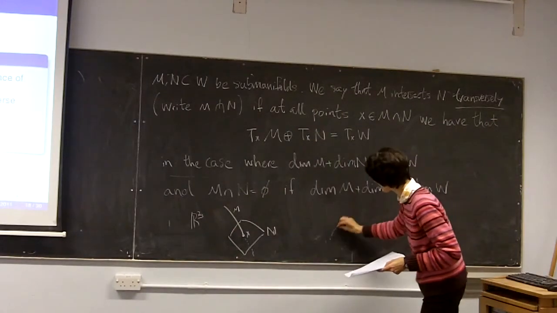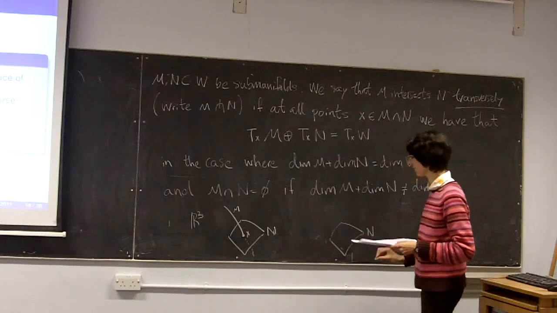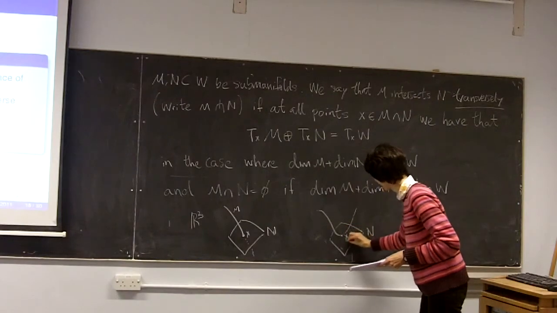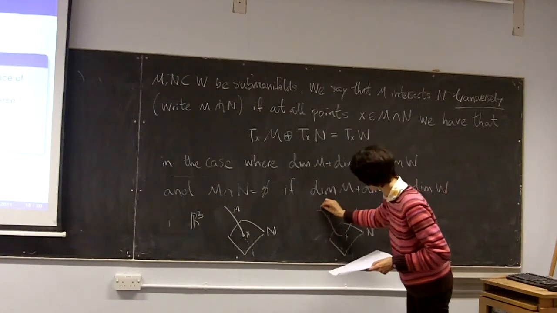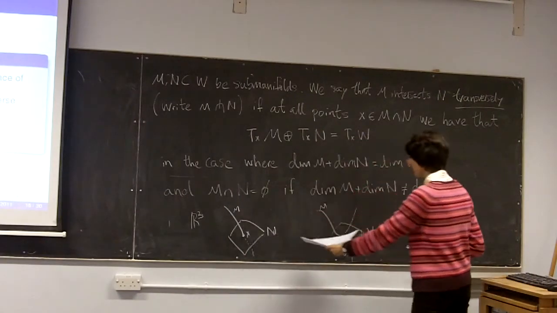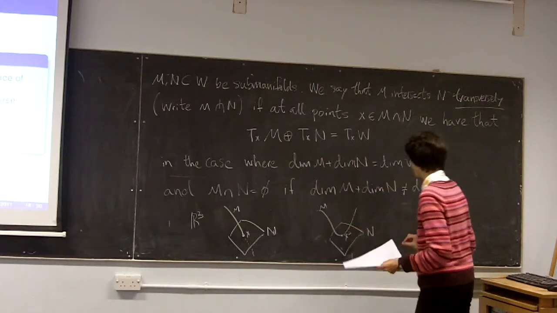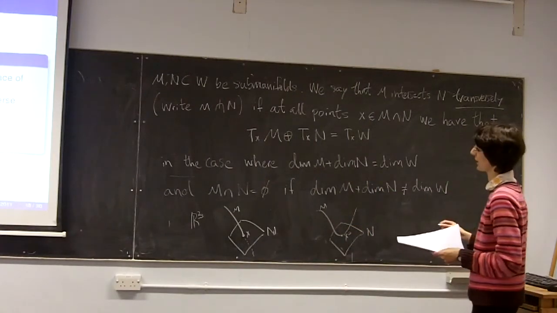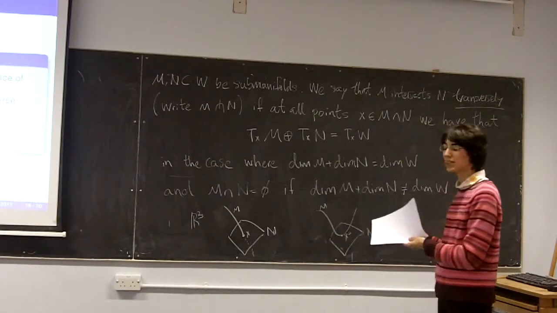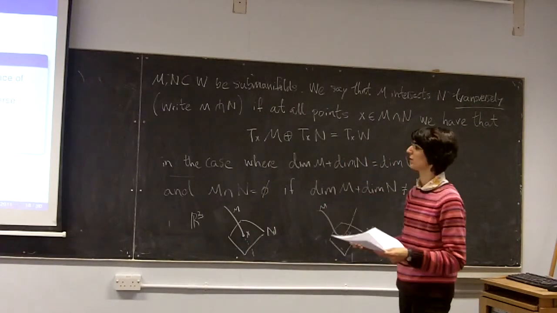And now an example of non-transverse manifolds. So these two manifolds are transverse, and these two aren't. If you see this tangent space here, it is in line with the definition. So this is the definition of what it means that two manifolds are transverse and non-transverse.